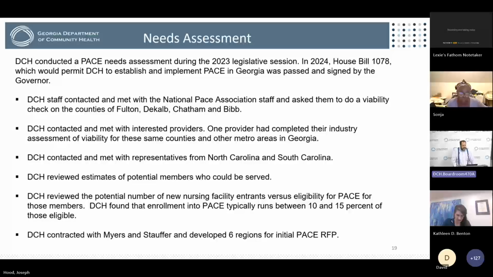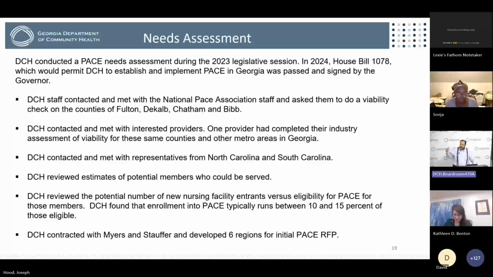So DCH staff met with the National PACE Association and asked them to look at the viability for our PACE program in certain areas of the state. Fulton, DeKalb, Chatham, and Bibb initially. We also met with interested providers, and we even had one provider that had already completed their own assessment of viability for these same counties and other metro Atlanta counties.